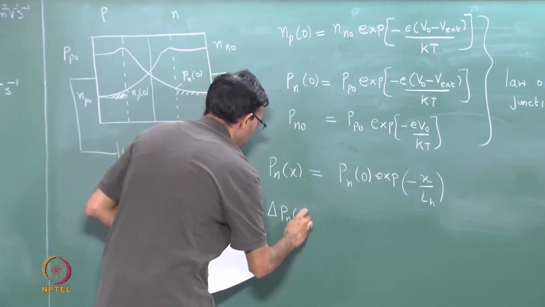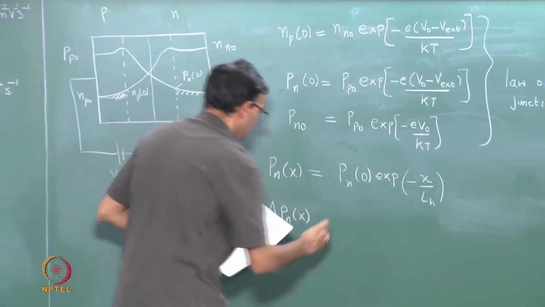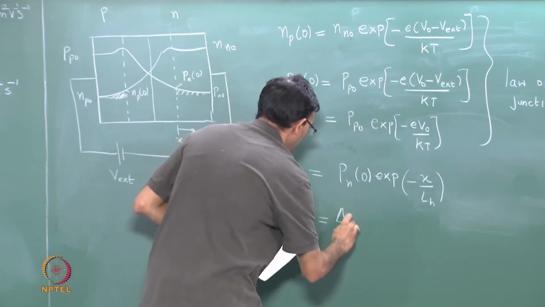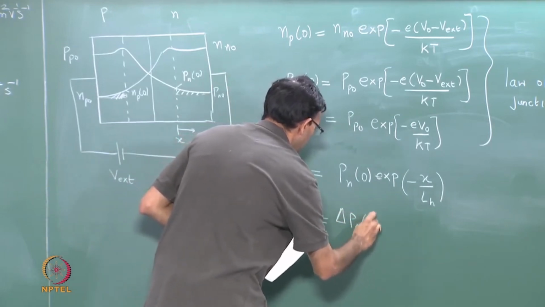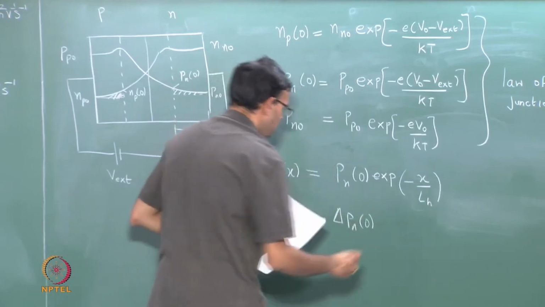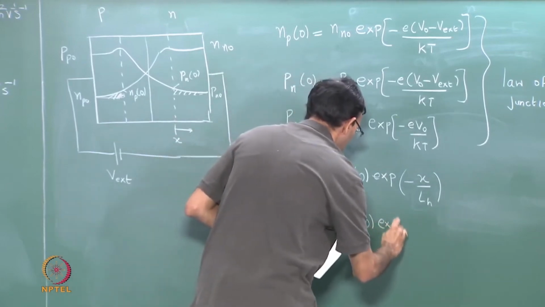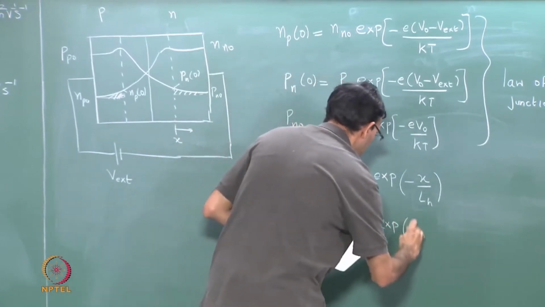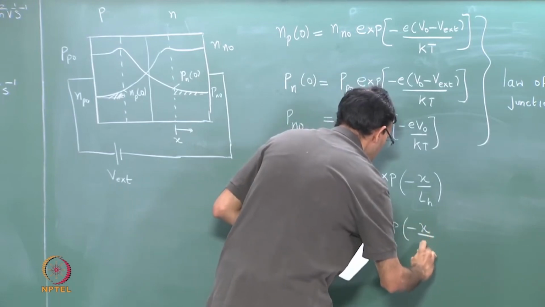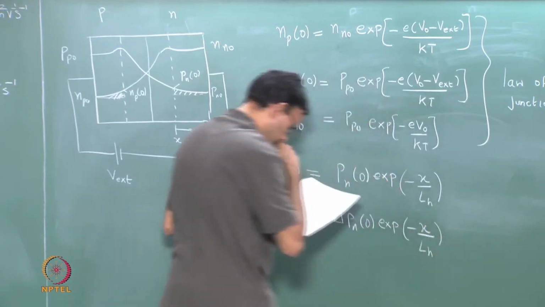So, delta Pn of x, which will be nothing but delta Pn of 0 times exponential minus x over LH.